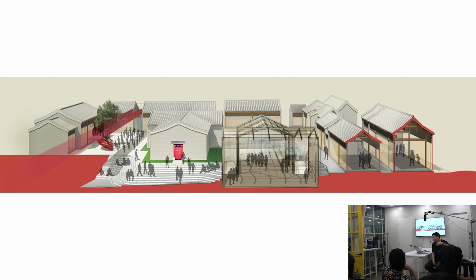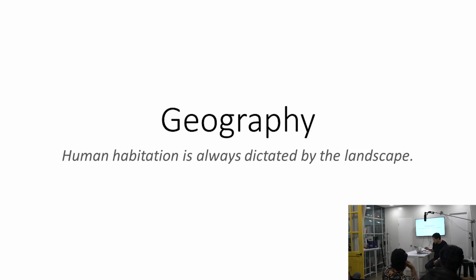But largely, it's about trying to figure out what is in the site. These are all residential houses. There are commercial alleyways or lanes. There are institutional spaces where you have family clans, or what we call family associations or clan associations, right? And so you identify what's already existing on site.